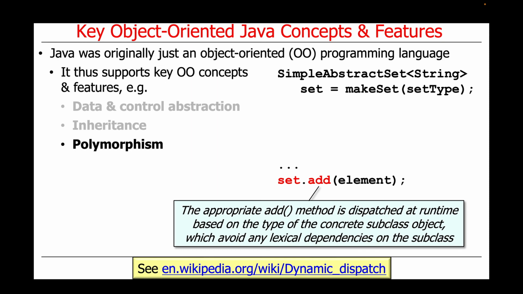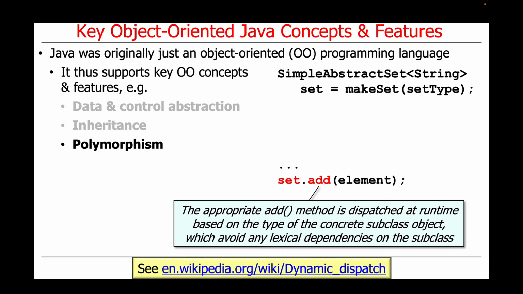Therefore, when the add method, or the contains method for that matter, is called on the reference to SimpleAbstractSet, the appropriate implementation of add is actually dispatched at runtime based on the type of the concrete subclass object, for example, SimpleHashSet or SimpleTreeSet.